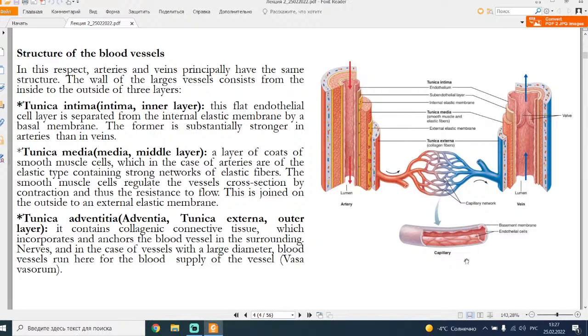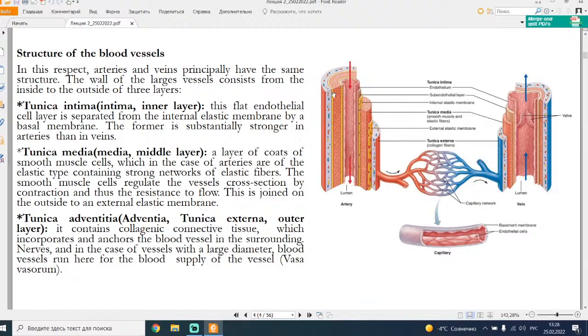Tunica media, in Latin. A layer or coat of smooth muscle cells, which in the case of arteries are of the elastic type, containing a strong network of elastic fibers.